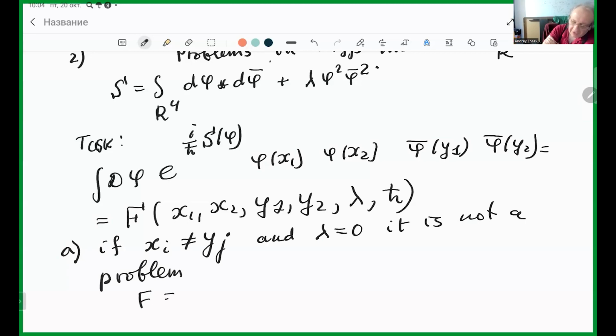And f is actually plus, or actually minus.